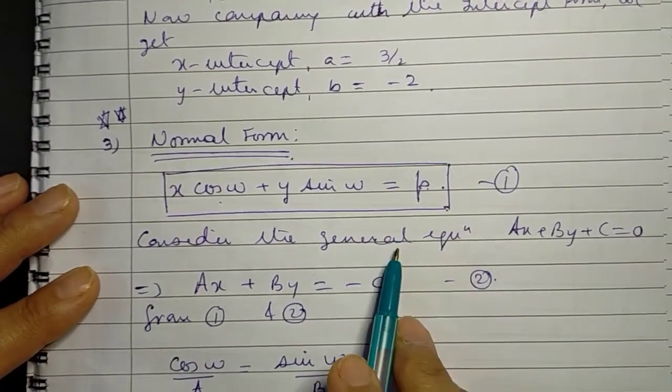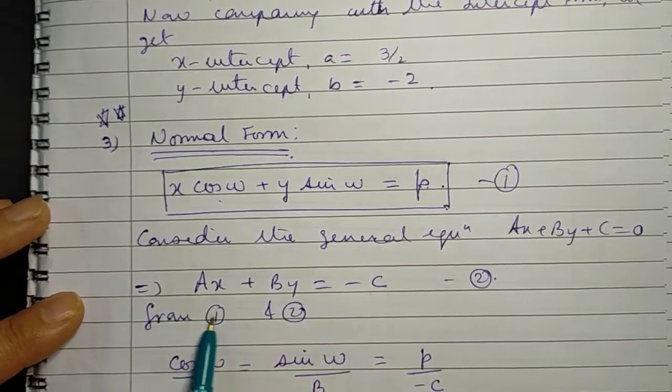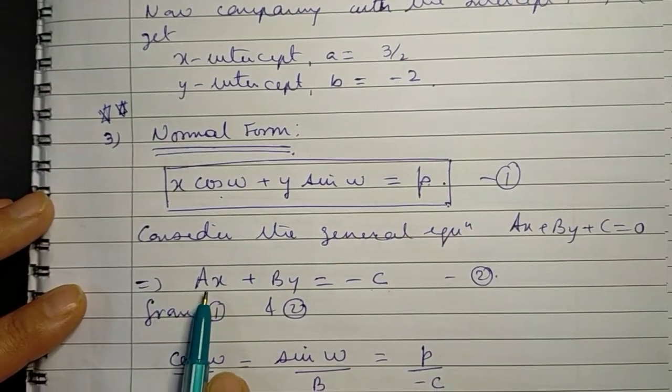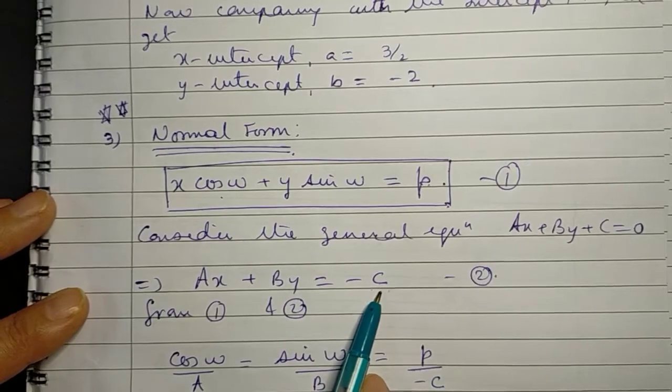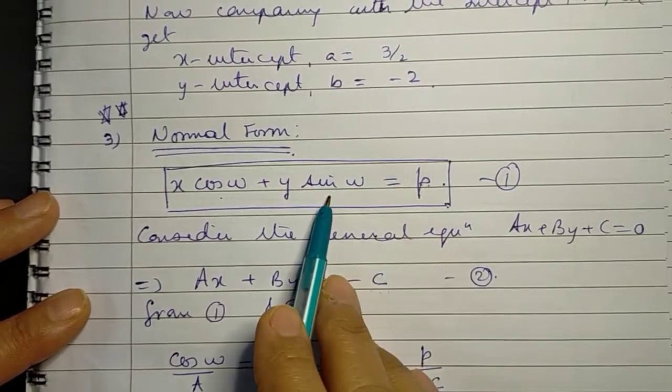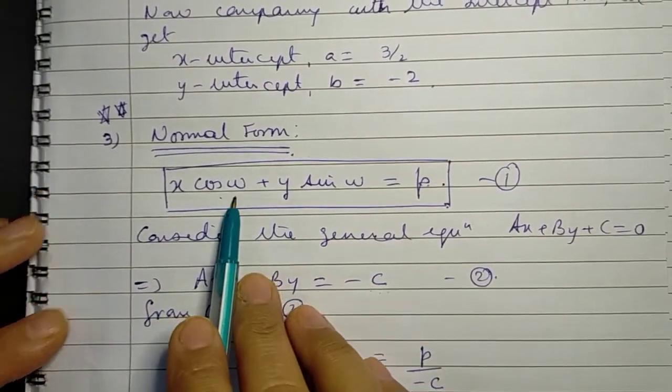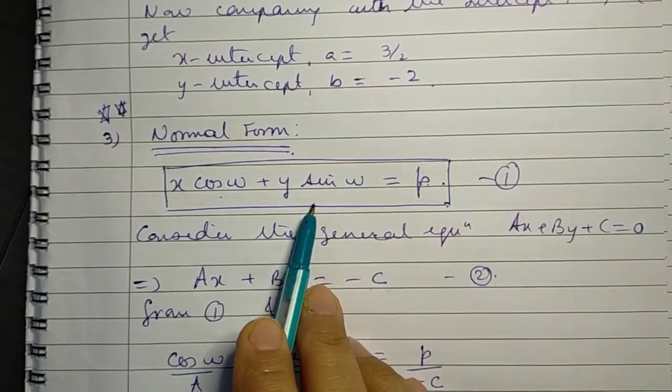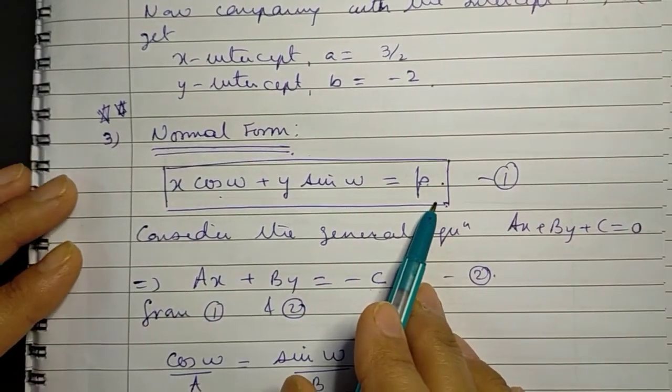Now, let's proceed. Here we are given the general equation, which we have written in the form ax plus by equal to minus c. We want to convert it to the normal form, which is x cos omega plus y sin omega equal to p.